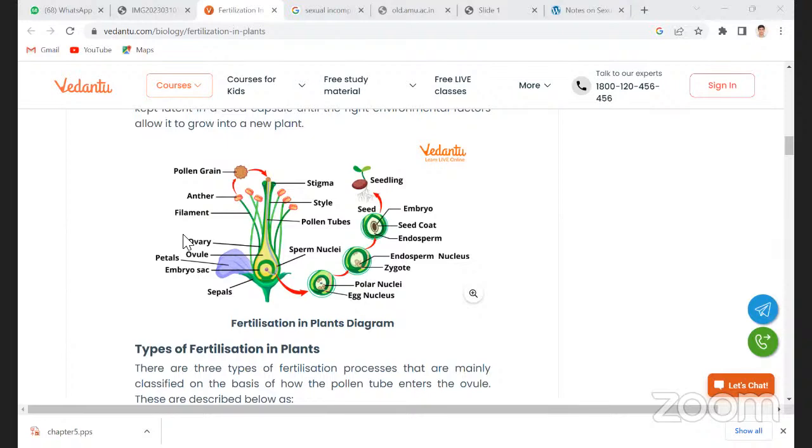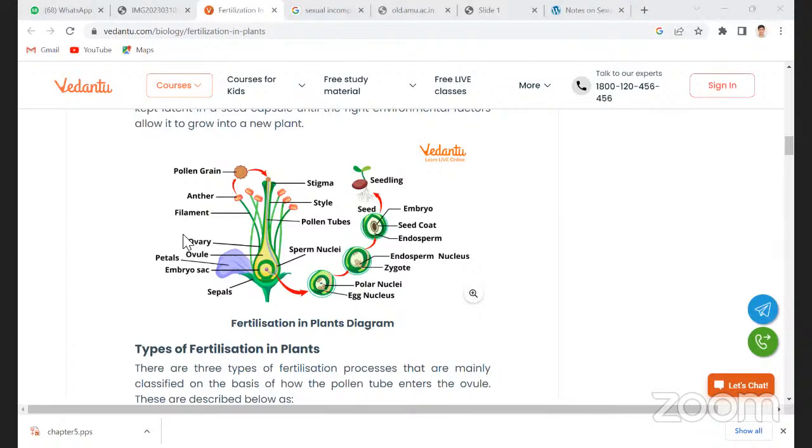The second, between the egg cell and one of the synergids. And third, directly into one of the synergids without destroying it. These are the entry of pollen tube into the embryo sac, right?